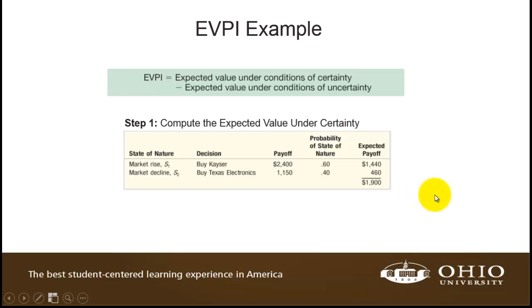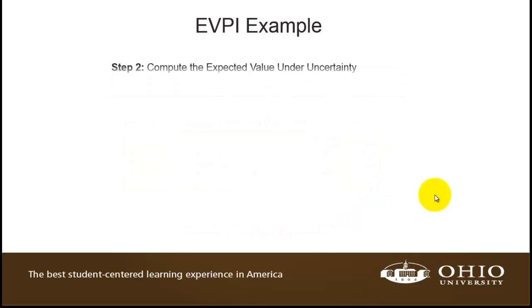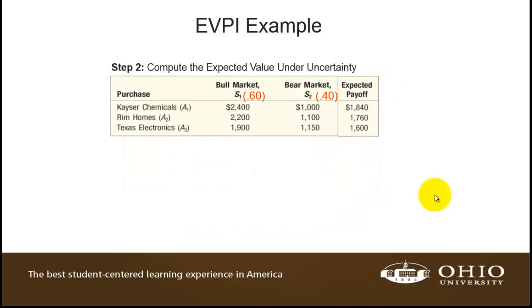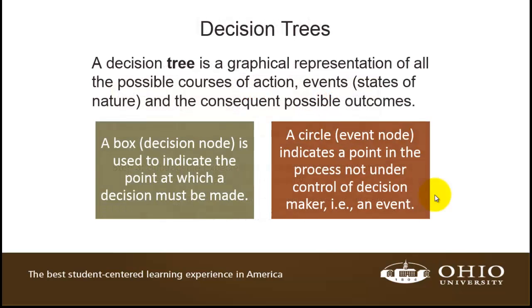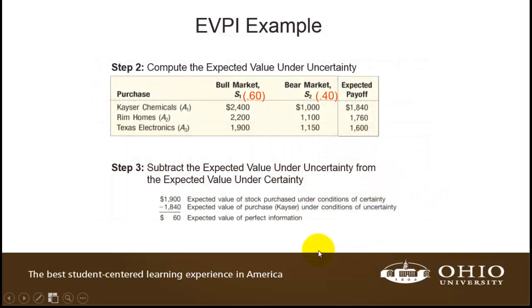If you recall, we previously computed the expected value under uncertainty, and that value turned out to be $1,840.